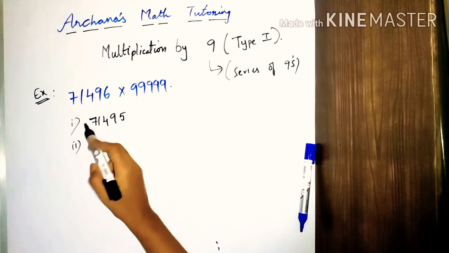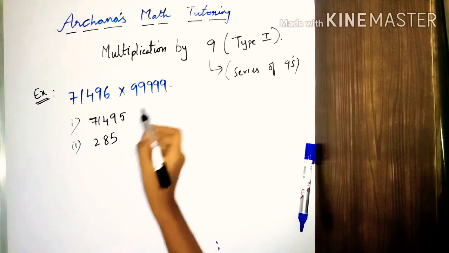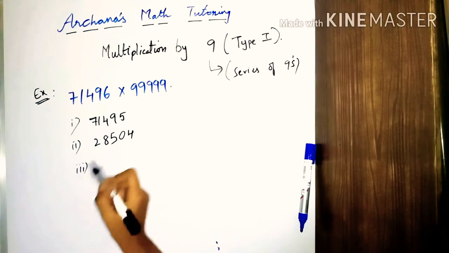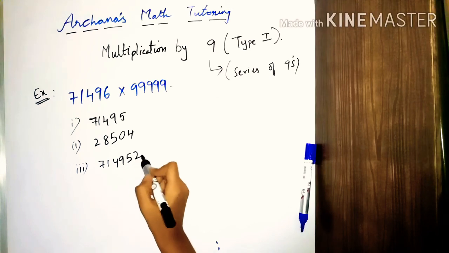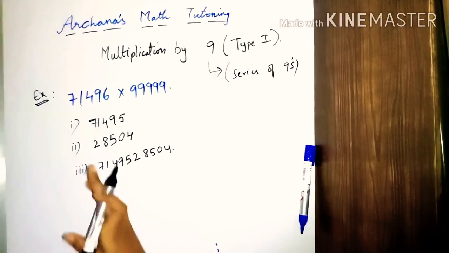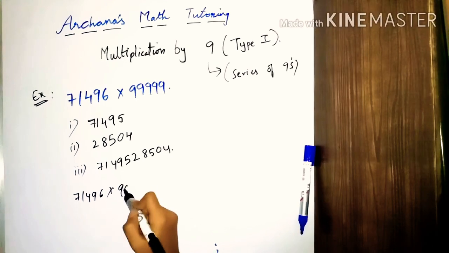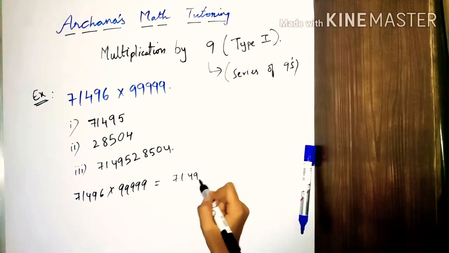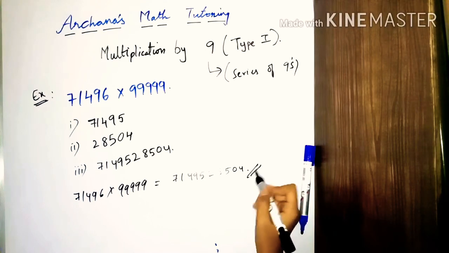I get 9 minus 7 is 2, 9 minus 1 is 8, 9 minus 4 is 5, 9 minus 9 is 0 and 9 minus 6 is 3. So in the third step I will combine this. So whenever I multiply 71496 into 99999, I get 71495 28503. So this is my answer for this problem.